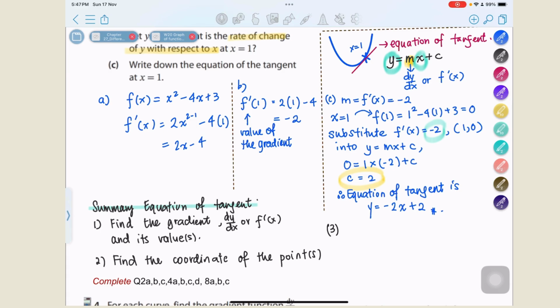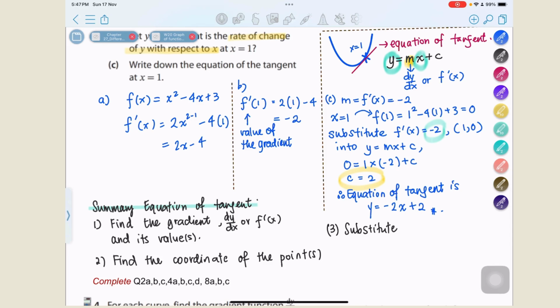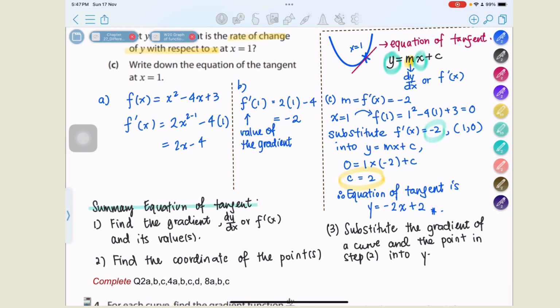Step number 3: once we have these two answers, we have to substitute the gradient of the curve and the point from step 2 into y equals mx plus c.